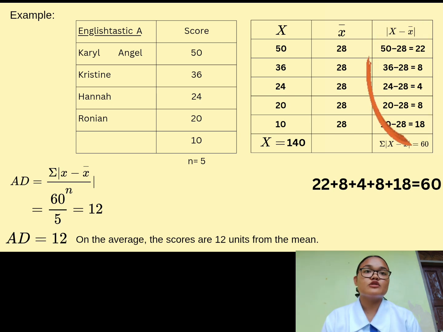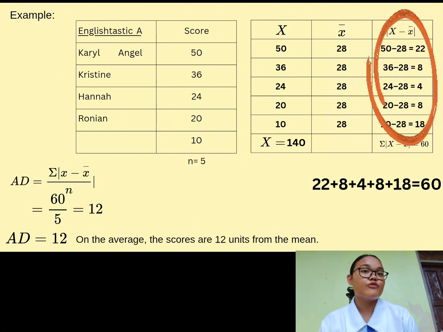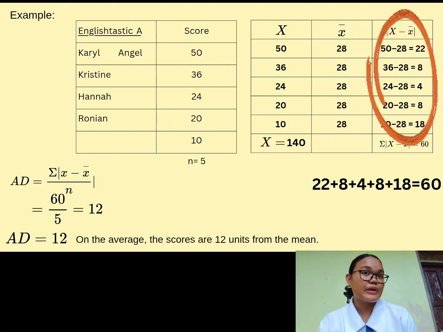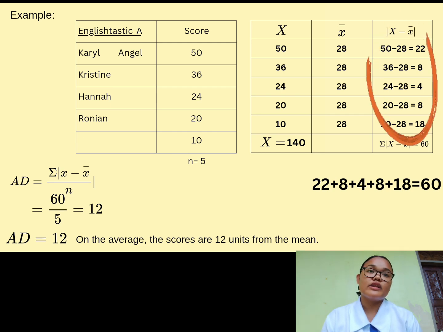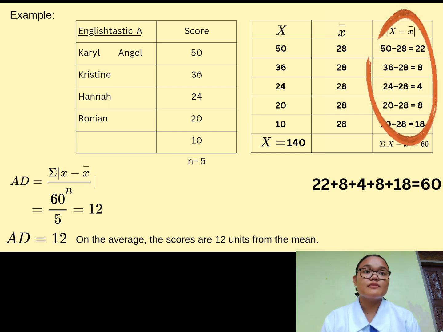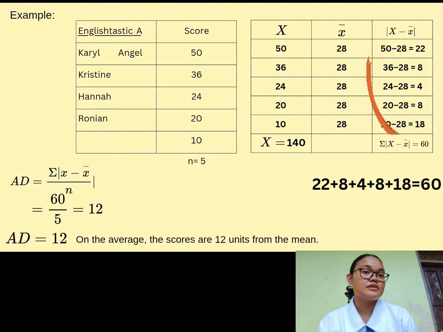Next is 24 minus 28 is equal to negative 4, so the absolute value of negative 4 is positive 4. Next is 20 minus 28 is equal to negative 8, but then the absolute value of negative 8 is 8. Next is 10 minus 28 is equal to negative 18, but then the absolute value of negative 18 is positive 18.